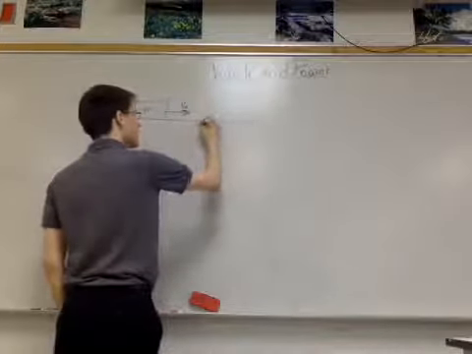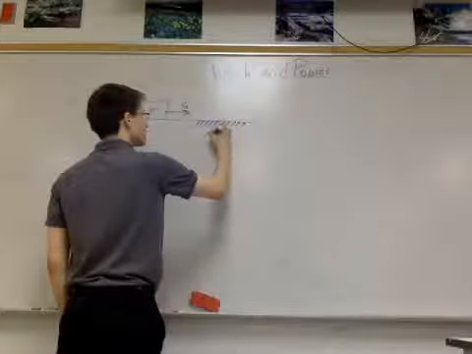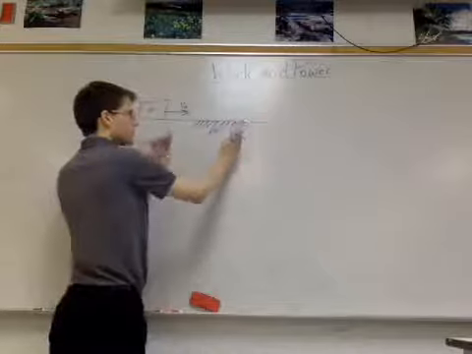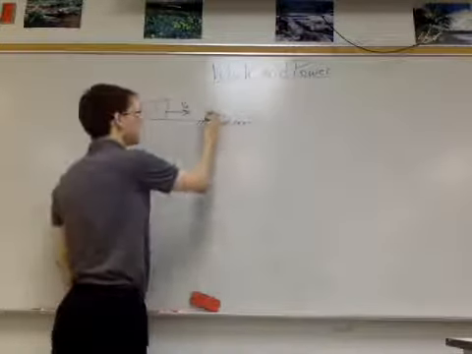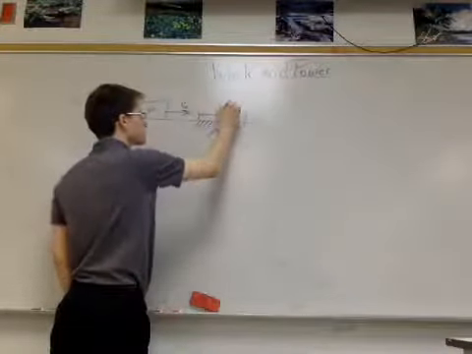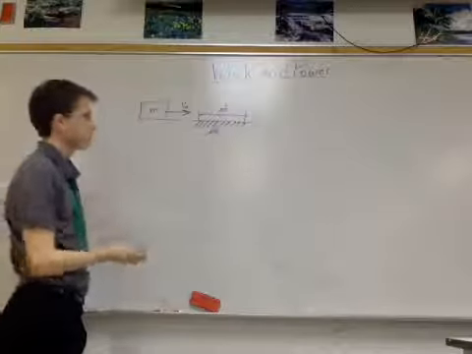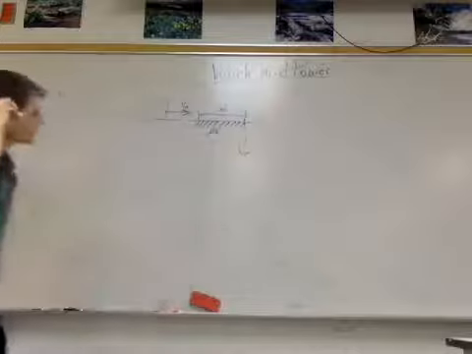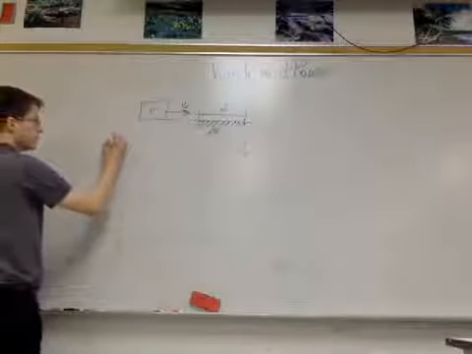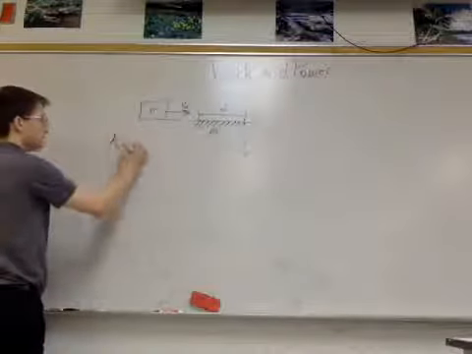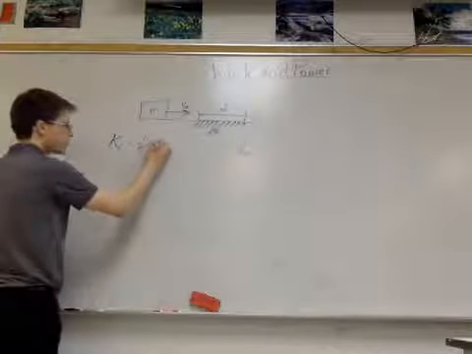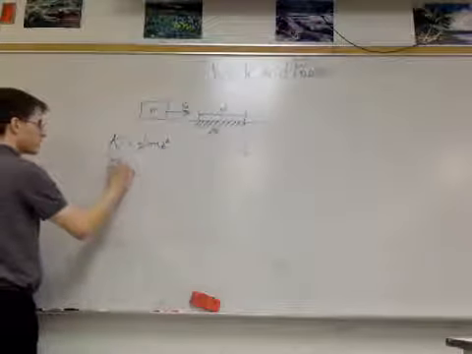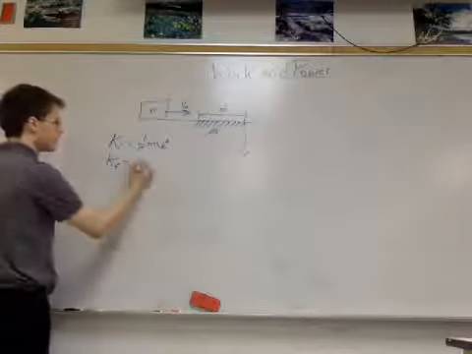I'll say this surface has a coefficient of friction of mu k, and let's say that the distance over which the friction exists is d. And again, I want to find the final speed, Vf, of the object. So our initial energy is going to be kinetic, so I'll say Ki is equal to 1/2 m v naught squared. Our final kinetic energy is going to be 1/2 m Vf squared.